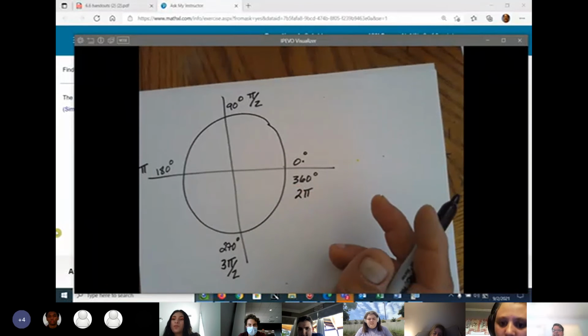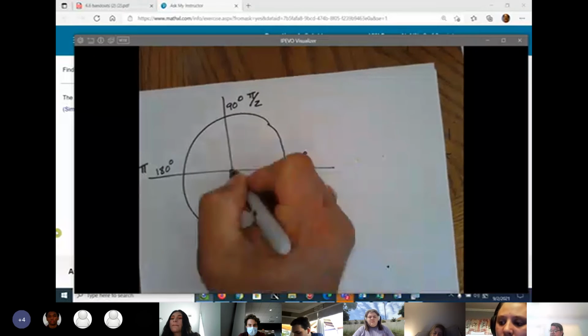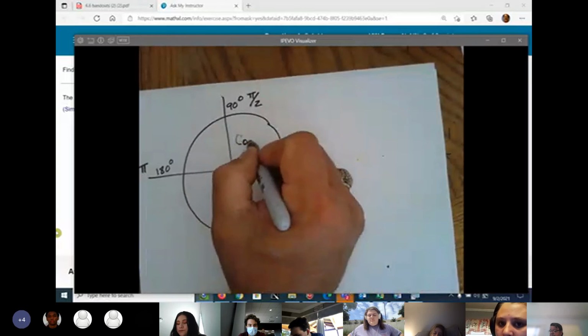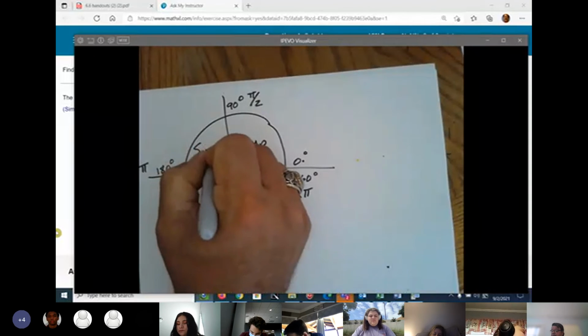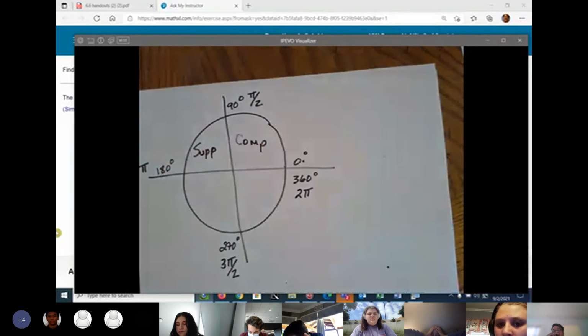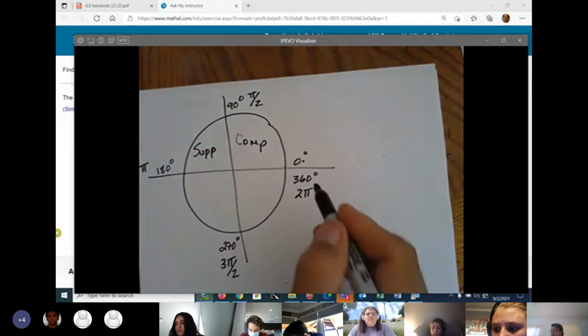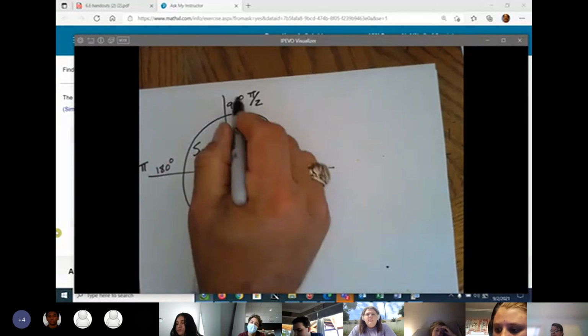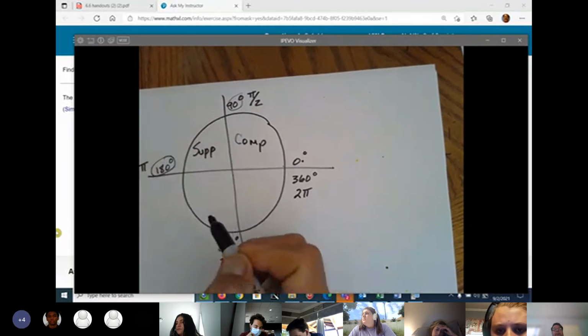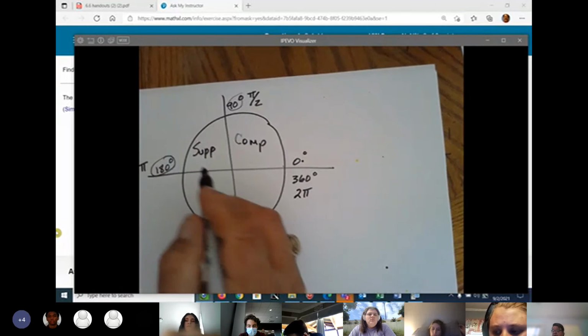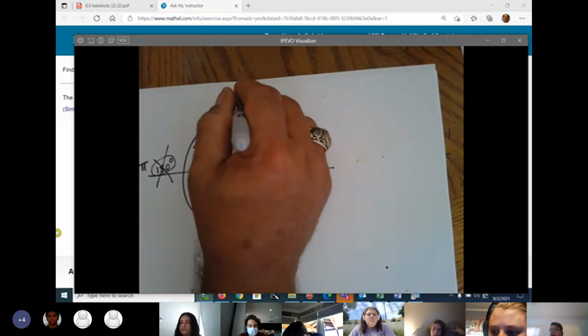Okay, y'all got that? So, complementary angle is here. Supplementary angle is here. If we were talking about degrees, you would use 90 and 180. But since we're talking about radians, you're not going to use 180 and 90.